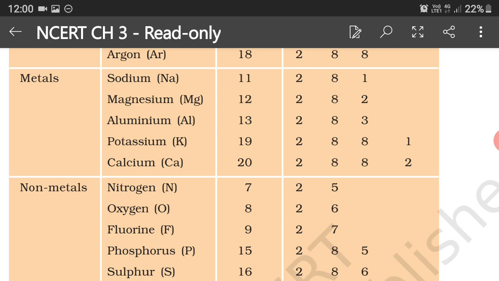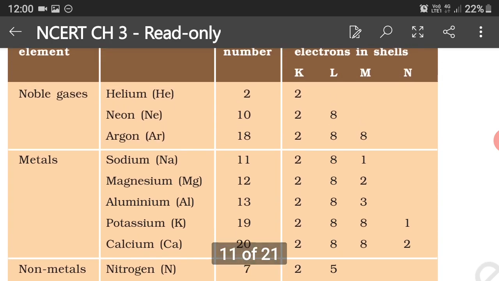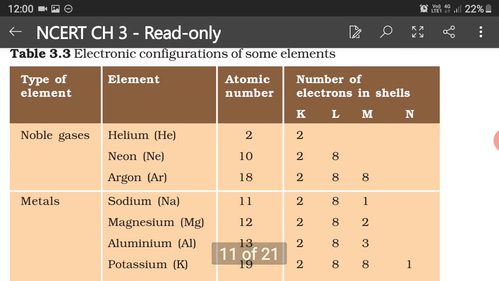Now we have learned that when an atom loses electrons, it becomes a positively charged ion. For example, suppose we talk of sodium here. Sodium has a total number of electrons of 11, which equals its atomic number.